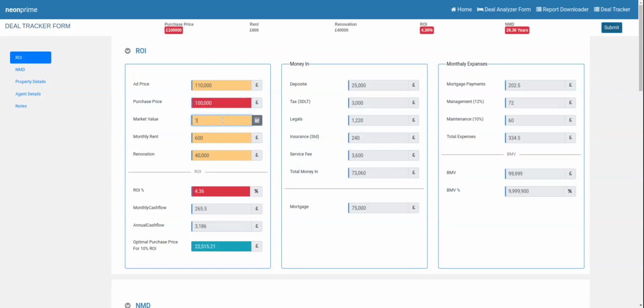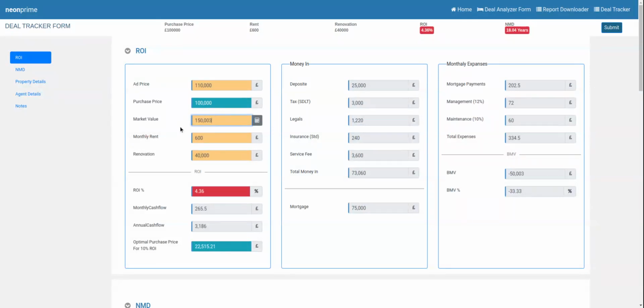If the market value is less than 150,000, the purchase price will show red, because this is not a good deal for us. If it is any value above 150,000, it will be a good deal for us.